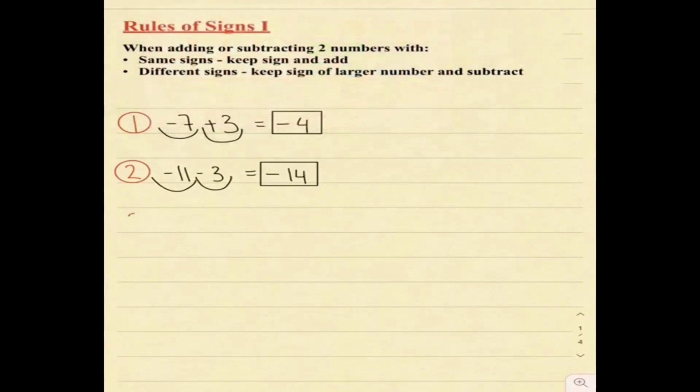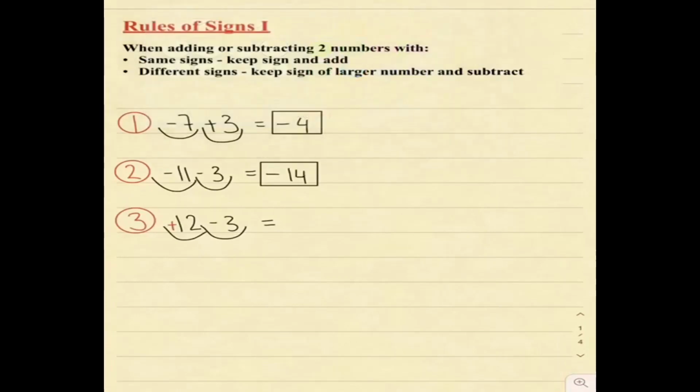Now let me do another problem. Problem 3. Let's say we have 12 minus 3. Now in this case, I only see one sign. I only see -3. How about 12? Does 12 have a positive or a negative sign? Now you guys have to know that anytime you have a number without a sign, that number is a positive number, and it always has a positive sign in front of it that we don't see.